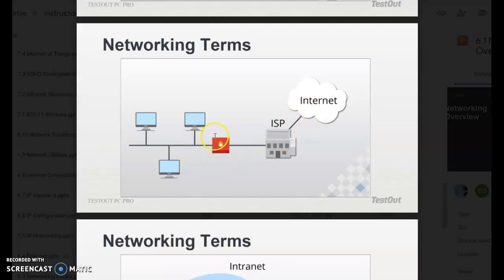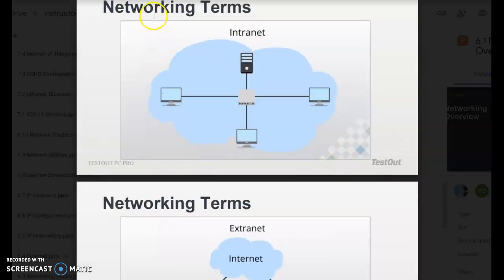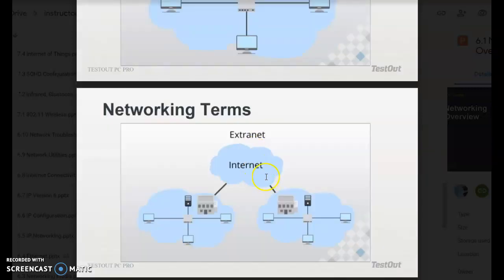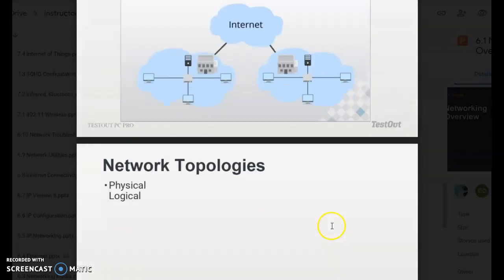And inside this home, you create your own local network that uses a router and or wireless access point or a switch to share that network connection to the outside. Again, intranet is the network inside the school, and extranet is our school connecting to the world.